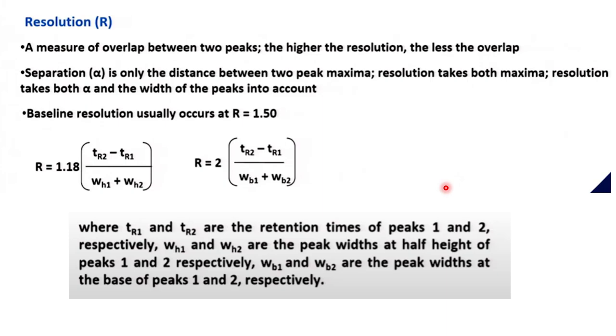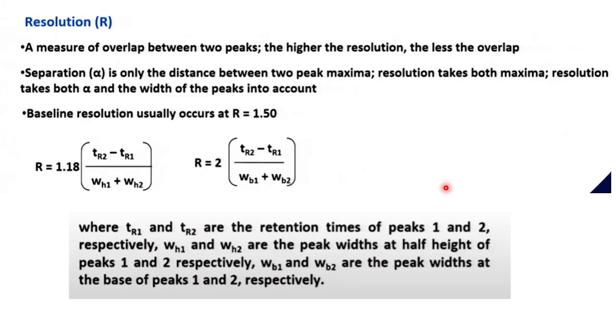Resolution is a measure of the overlap between two peaks: the higher the resolution, the less the overlap. Separation alpha is only the distance between two peak maxima, so resolution takes both alpha and the width of the peak into account.